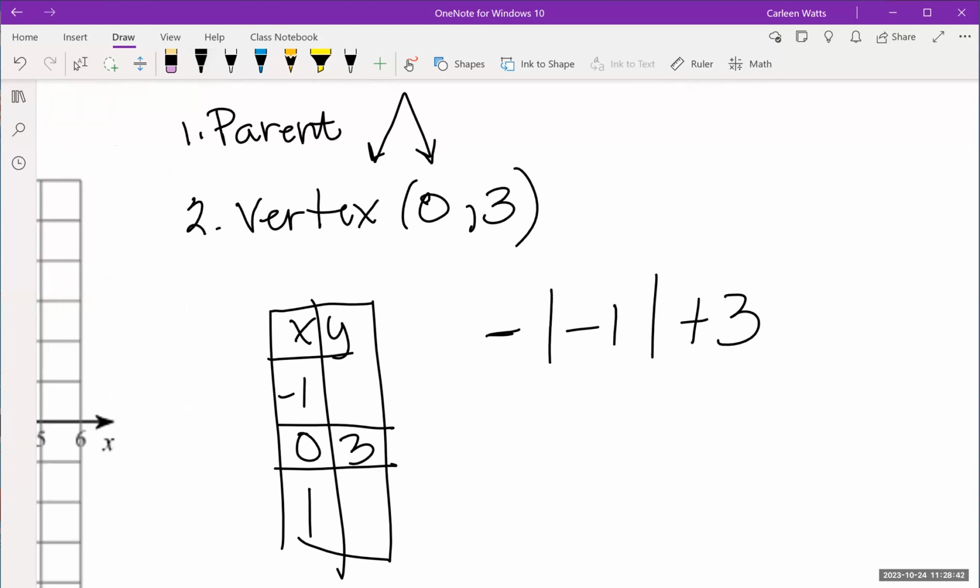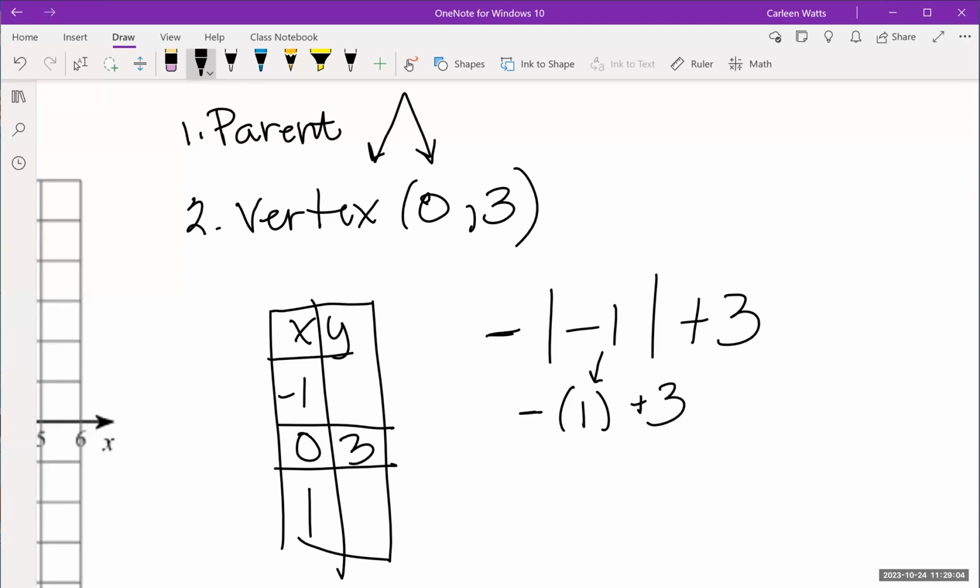Okay, it can't break through the wall. So the absolute value, what is the absolute value of negative 1? Yeah, it's 1, right? The negative waits, and this comes down as a positive 1.